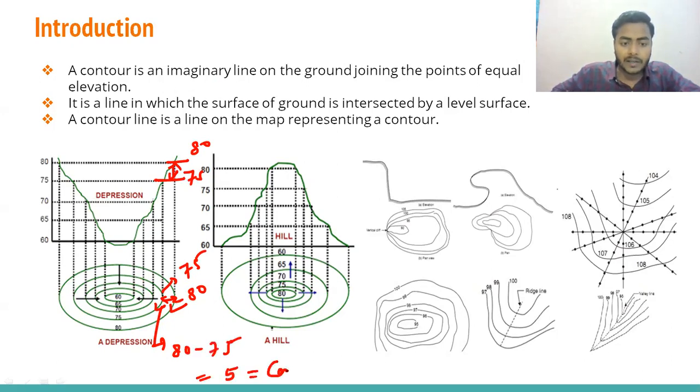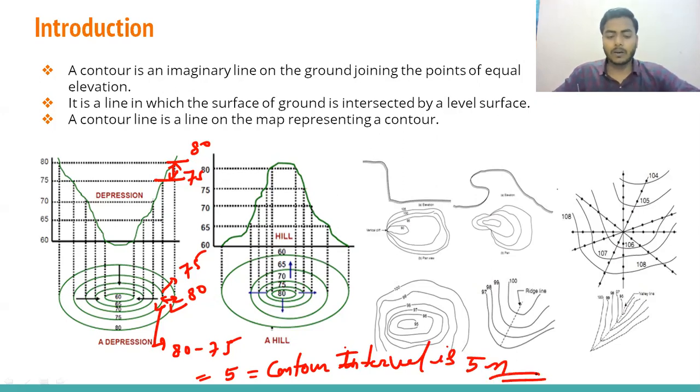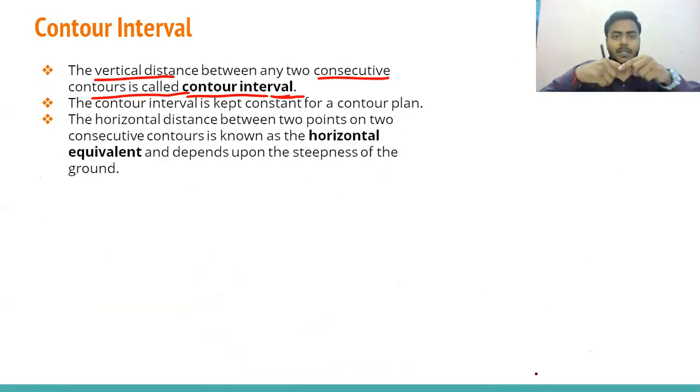So here the contour interval is 5 meter. Contour interval क्या होगा? 5 meter. The vertical distance between two consecutive contours is called the contour interval. Don't confuse it with horizontal distance. I'm talking about vertical distance, right?